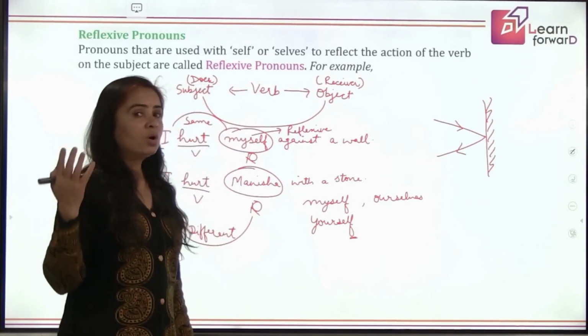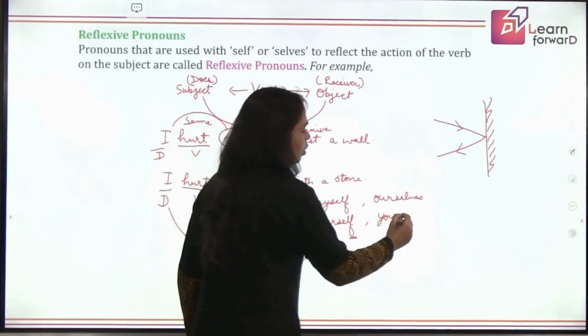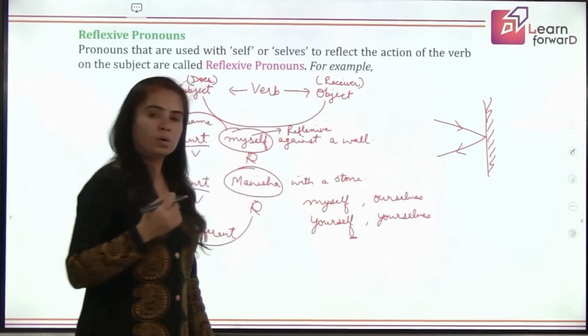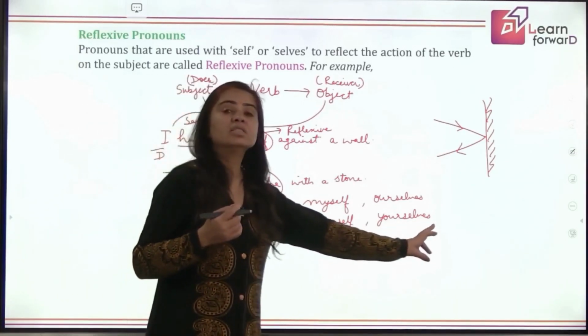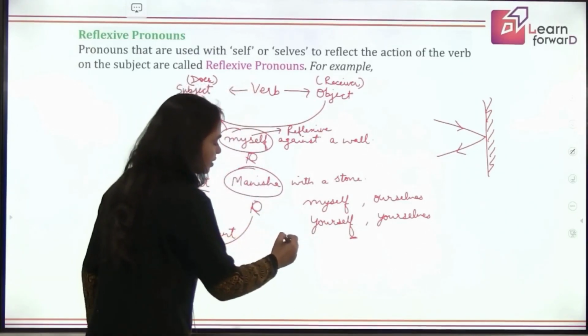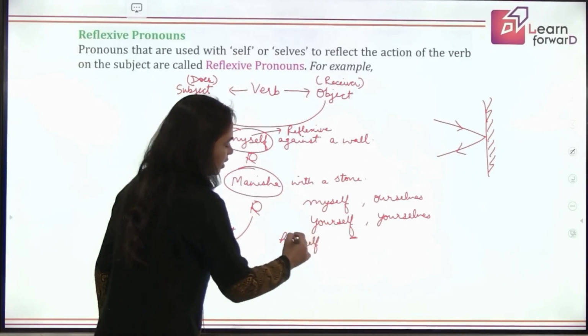But when you talk about plural, this changes to yourselves. Okay, so self is used for singular, selves is used for plural. Now moving to third person, for males we say masculine gender, we say himself.